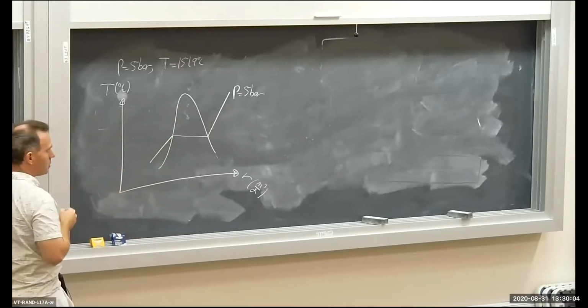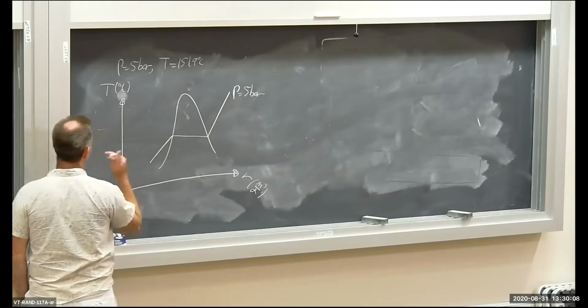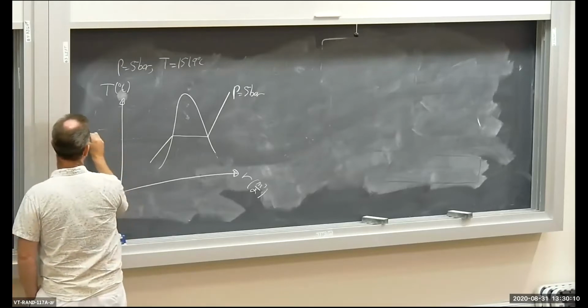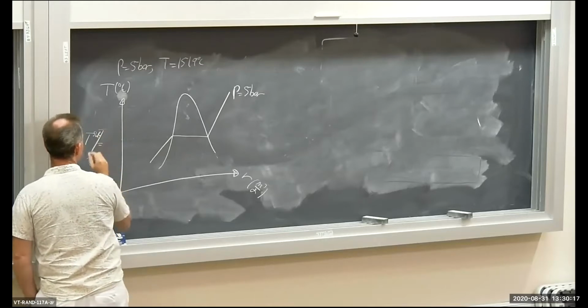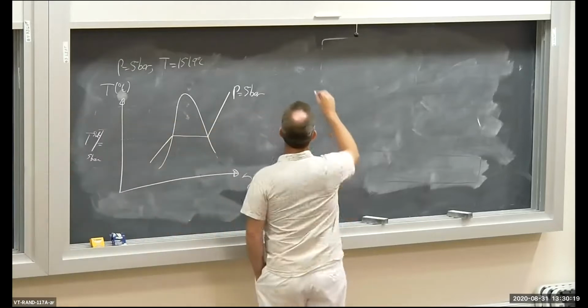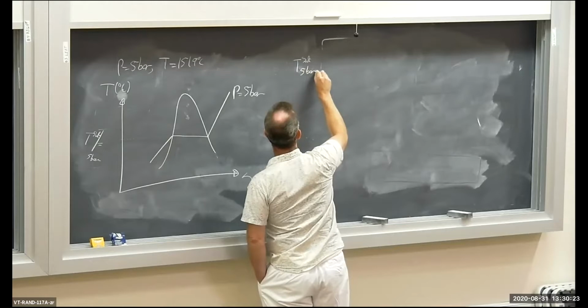I have a temperature, it's 151.9 degrees. I'm going to look up the saturation temperature of my H2O at 5 bar. So I'm going to look up T-sat at 5 bar. That's the first thing I'm going to look at, okay?